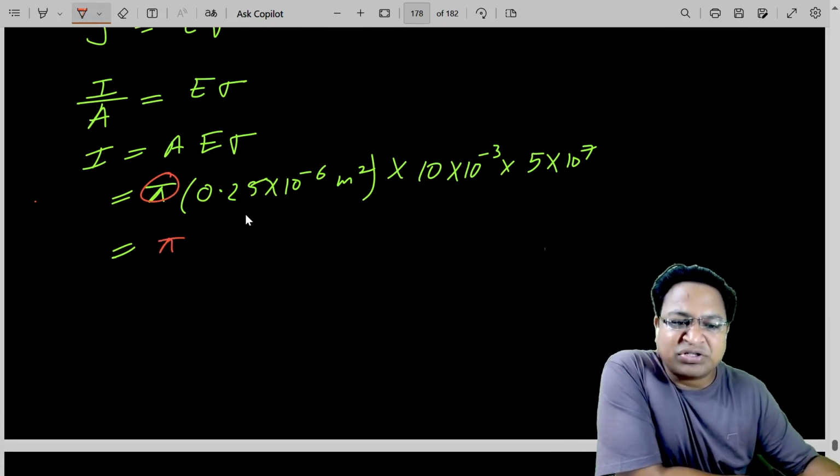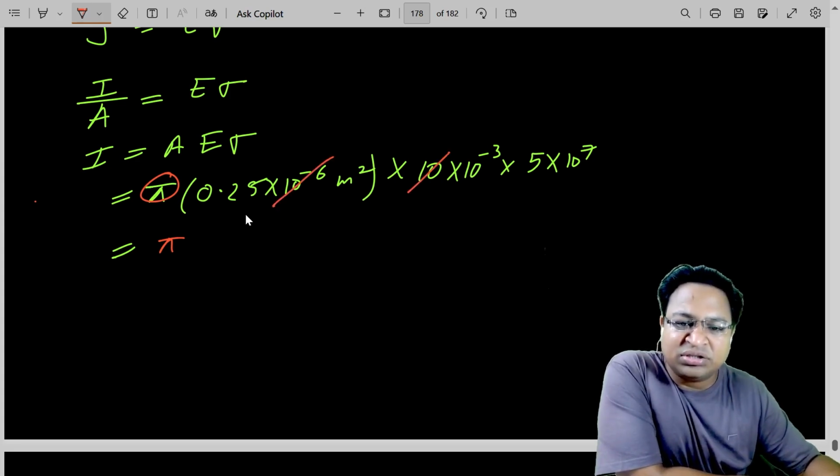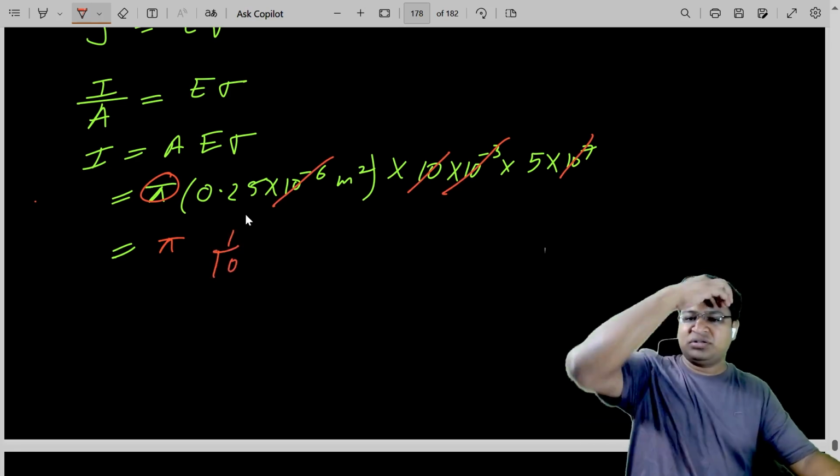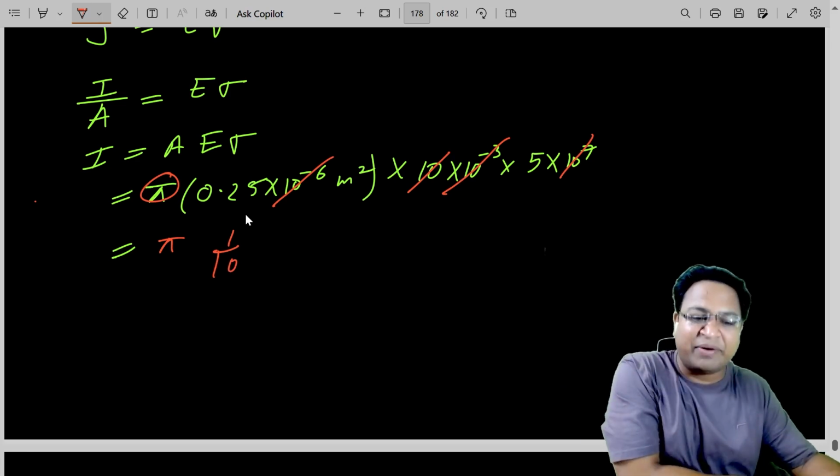So now let's check the powers of 10. This is 10 raised to the power minus 6, and this is 10 raised to the power minus 3. So combined they become minus 9, and here 10 and 7 become 8. So this and this all get adjusted, and we end up with a 1 by 10, since minus 9 and then 8 gives minus 1. So I've adjusted the powers of 10 now.